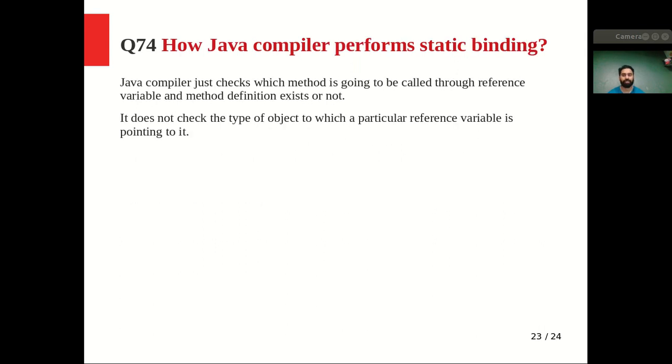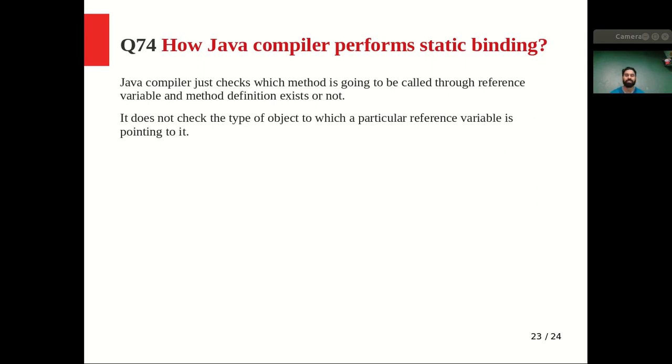Now let's move to the next question. How does the Java compiler perform static binding? The Java compiler checks which method is going to be called through a reference variable and whether the method definition exists in it. It checks whether the reference is of a parent class or of a child class.